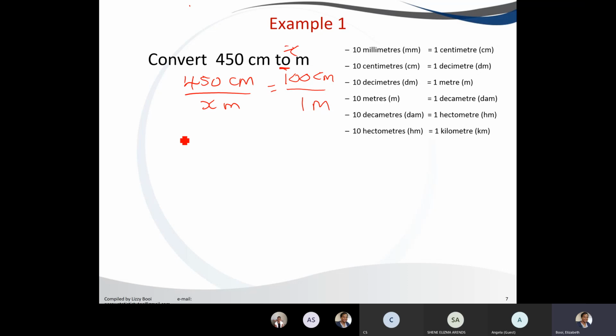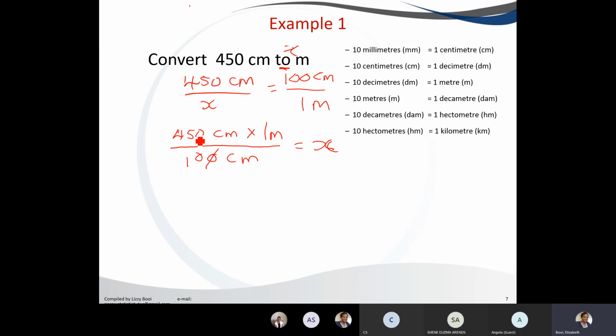Then I will have 450 centimeters multiplied by 1 meter, divided by 100 centimeters, which will be equal to X. I can remove my meter from here and leave it as X. If I cross multiply this side, it will be X divided by 1 because I've removed the meter.